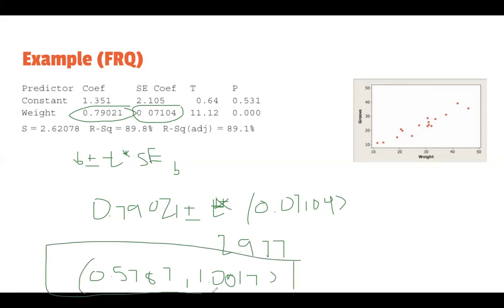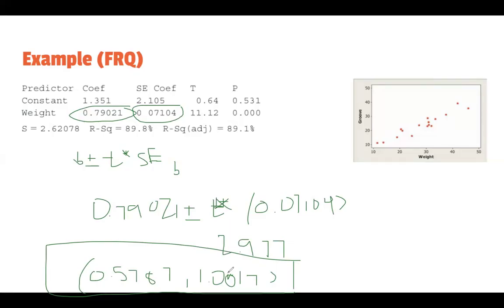And now we just have to interpret it because it's said to construct and interpret. So that just means we are 99% confident that the interval from 0.5787 to 1.0017 captures the true slope of the least squares regression line relating the calculated distance using the groove method and the calculated distance using the weight method. Now, what does this mean? This means that there is a linear relationship between these two variables because 0 is not found in this interval.